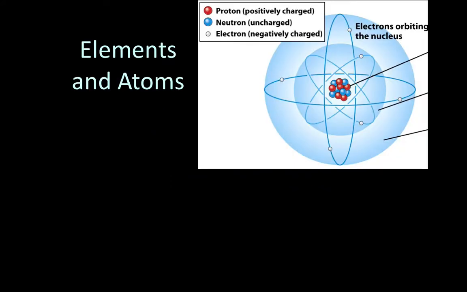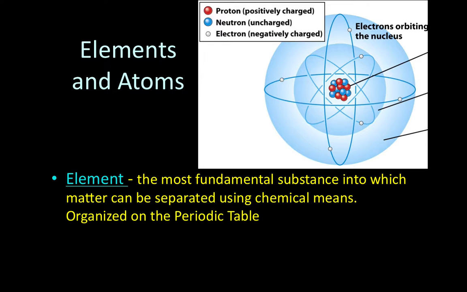So let's first start with elements and atoms. What are these? Well, the smallest, most fundamental substance into which matter can be separated using chemical means is what an element is referred to as. Elements have different characteristics, and they're made up essentially of atoms.